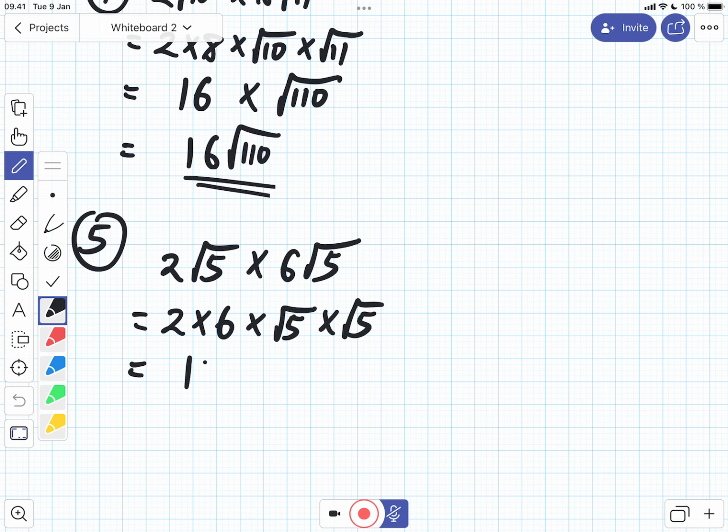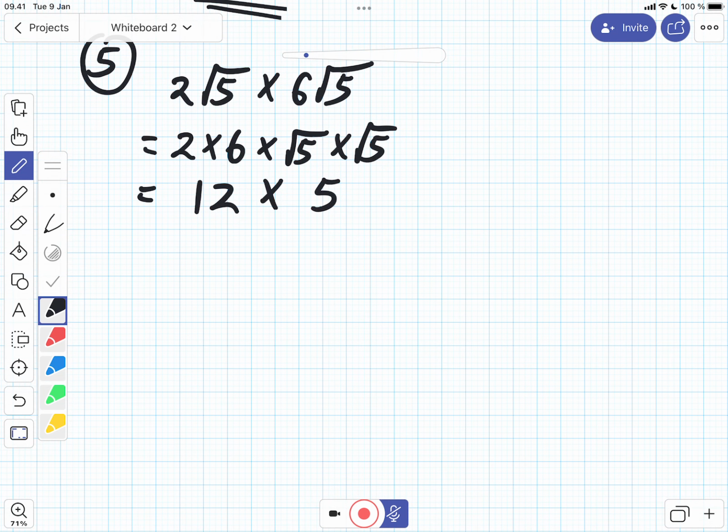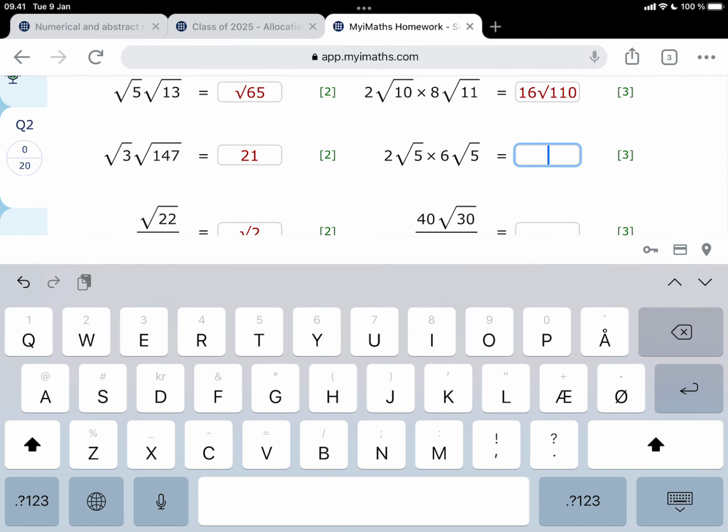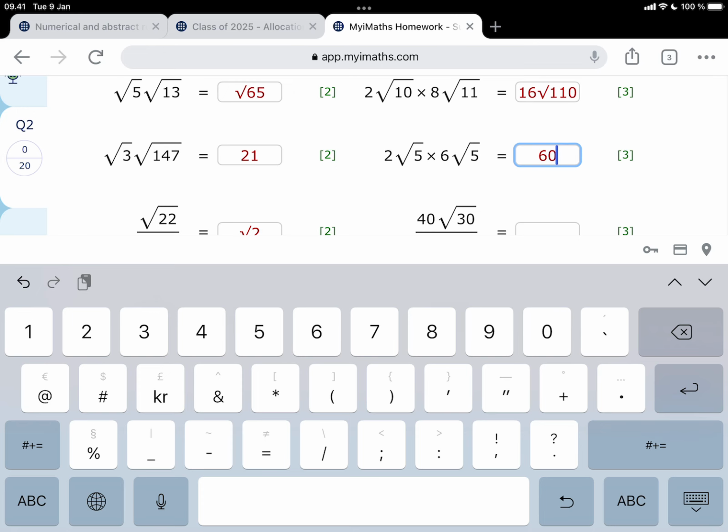Now 2 times 6 is just 12, and the square root of 5 times the square root of 5 is just 5, because that's what a square root is. So 12 times 5 is 60, so our final answer for that one is going to be 60.